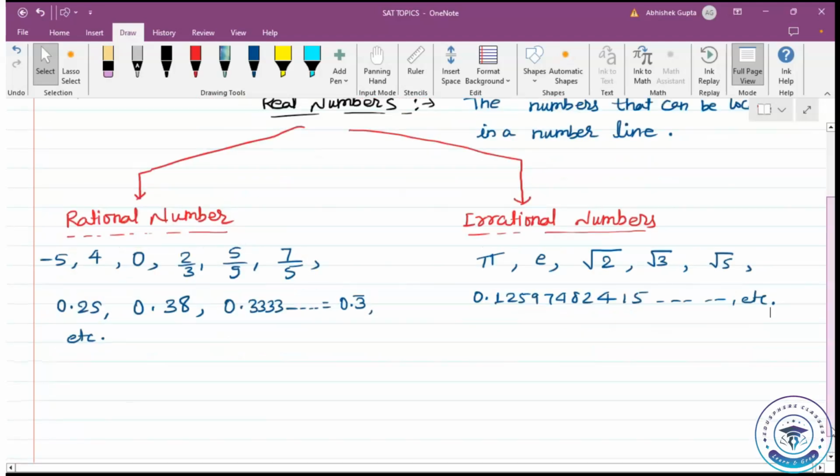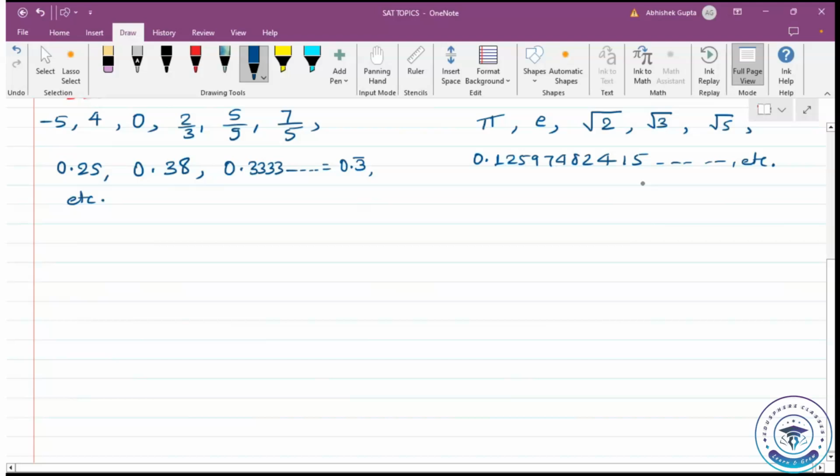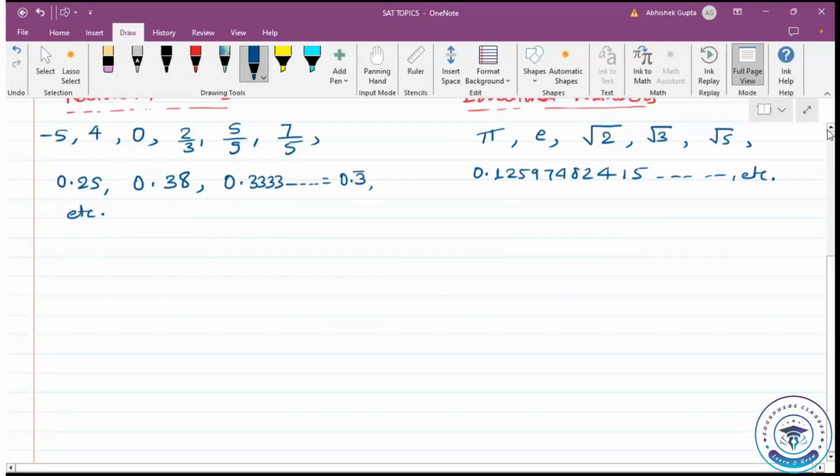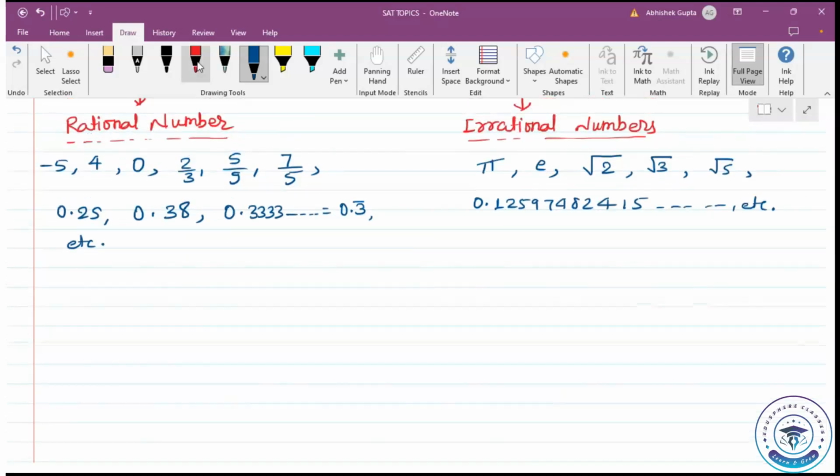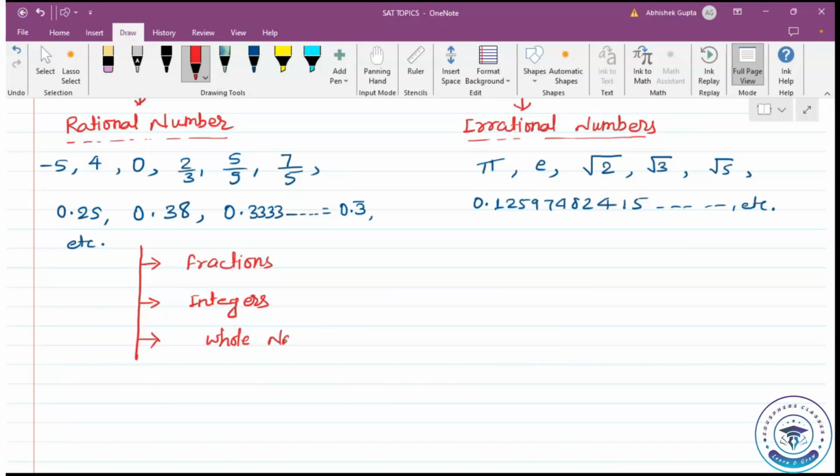Irrational numbers cannot be categorized further, but rational numbers have some subsets, and those subsets are fractions, integers, whole numbers, and natural numbers.